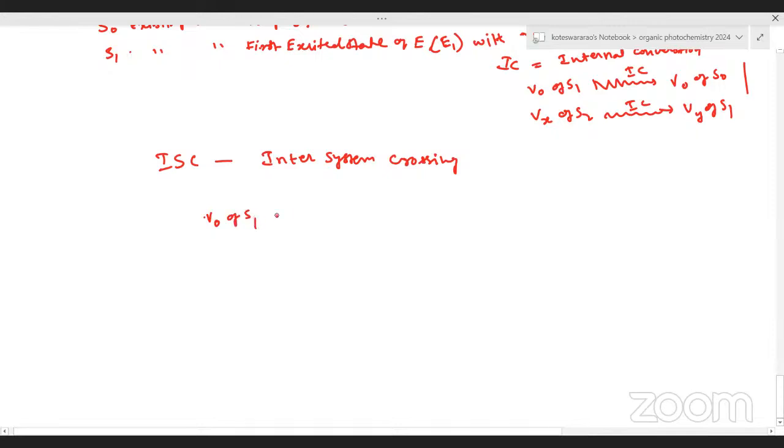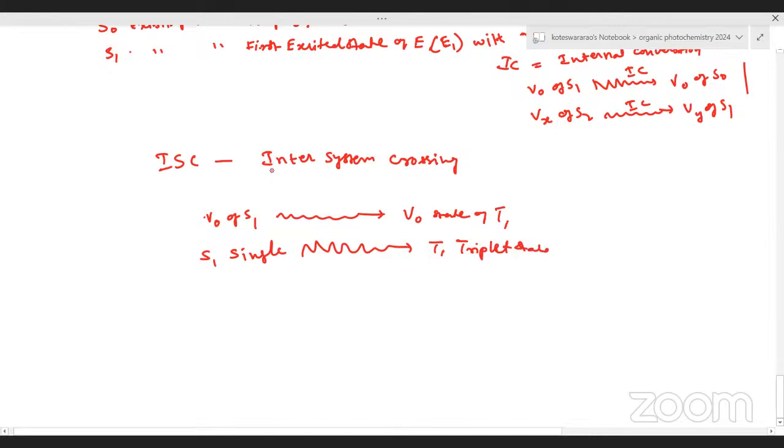It will be deactivated to some nearby V0 state of T1, the triplet state. The deactivation involves a singlet state to a triplet state. This is called intersystem crossing.